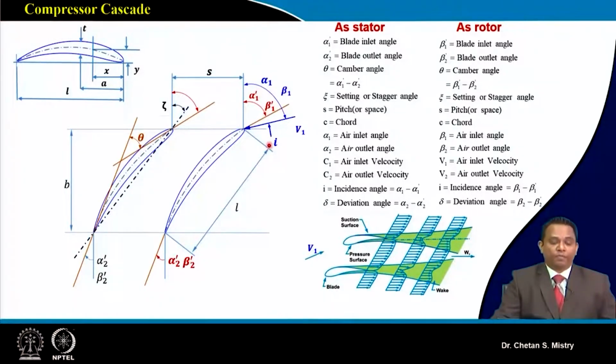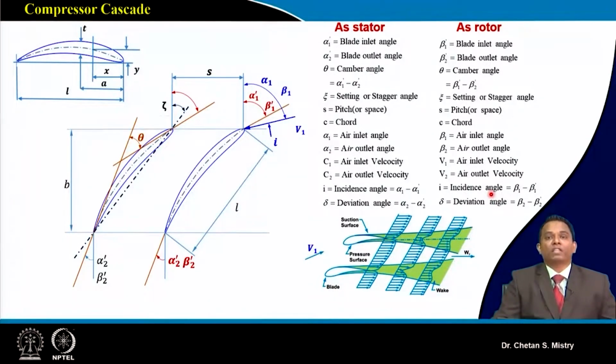So, if we look carefully, alpha 1 minus alpha 1 dash, or beta 1 minus beta 1 dash, is defined as the incidence angle. Remember, you have studied this kind of logic for wings in aerodynamics, where we define it as angle of attack.